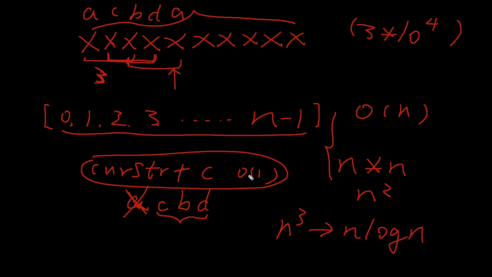So the first one is this. Do we really need to try everything from 0 to n minus 1?